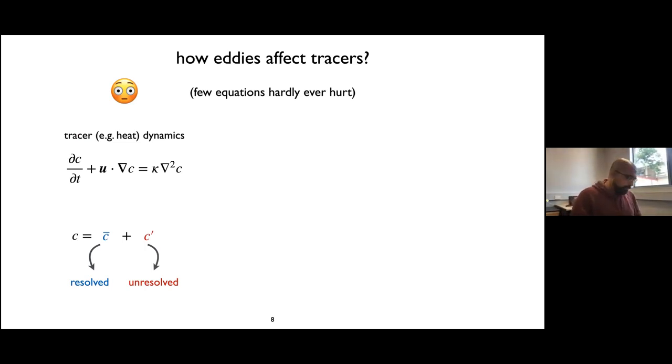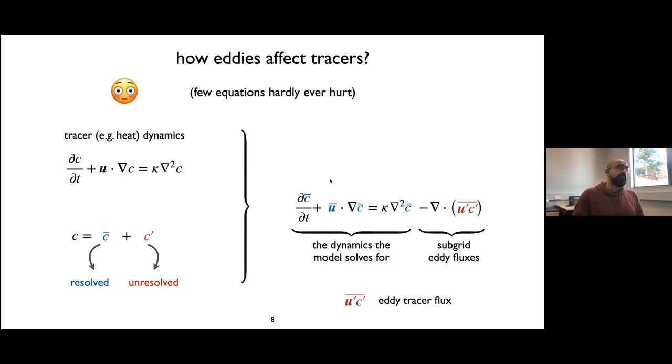If we go back to how a tracer, you can think of heat or temperature, evolves, it follows a usual advection diffusion equation. And then if we decompose our fields into what we resolve, which I color with blue, and what we don't resolve, which I color with red, then we can rewrite this equation as an advection diffusion equation for the resolved flow.